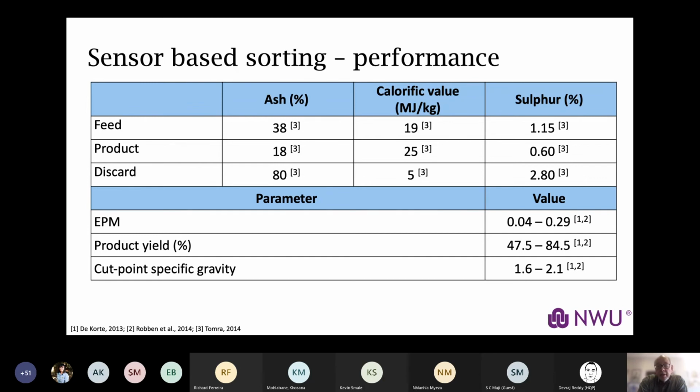And the cut points, and that is one of the issues with this, the cut points tend to be on the high side. Low cuts are becoming difficult with the sensor-based technology as well, because you are depending on the ash content, the minerals in the coal, to attenuate some of the X-rays. And if there's not a lot of minerals, then suddenly that correlation does not become that clear.